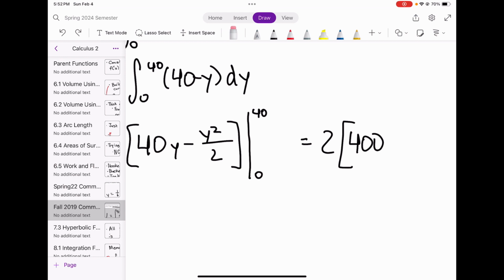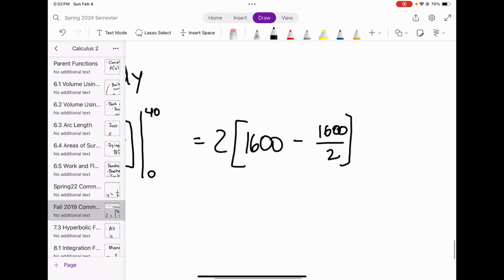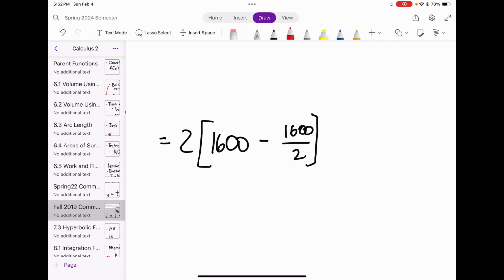It's going to be 1600 minus 1600 divided by 2, which is the same thing as 1600 divided by 2 for the whole thing. That's 800. So you have 2 times 800.